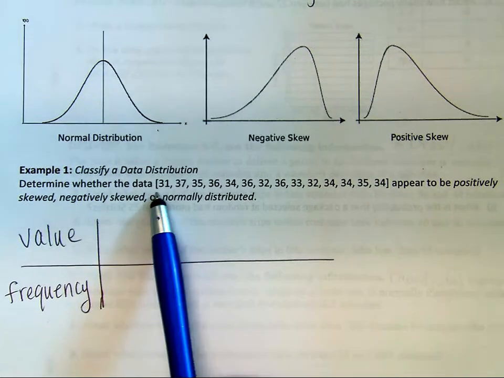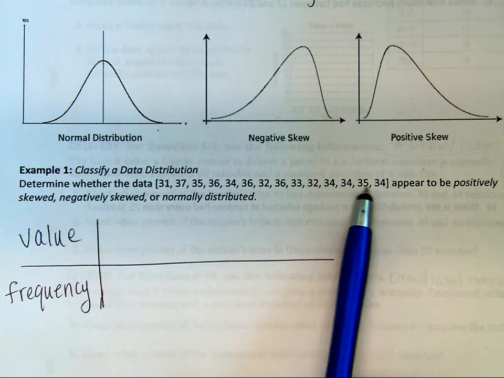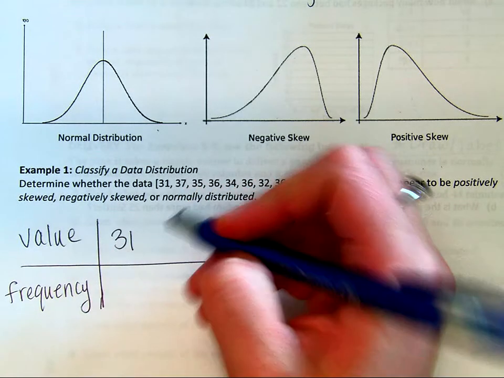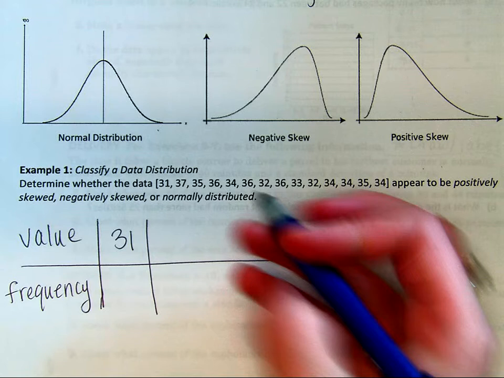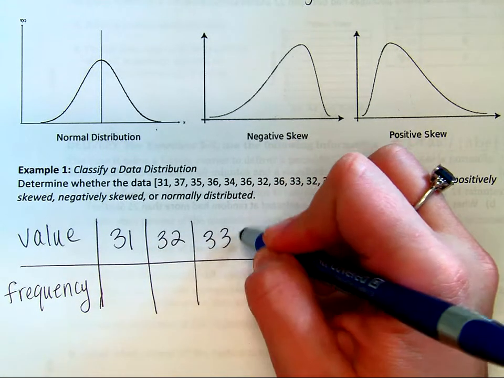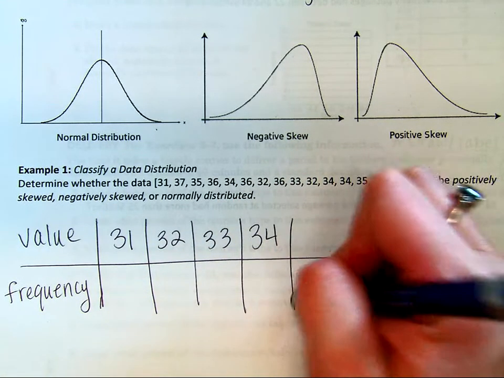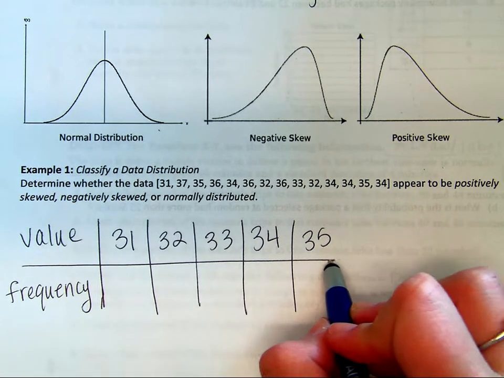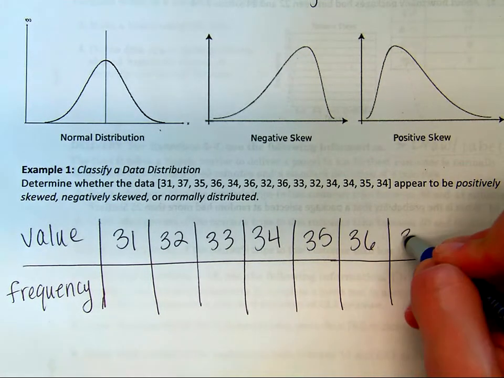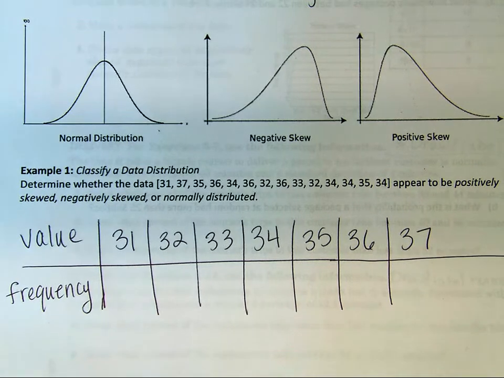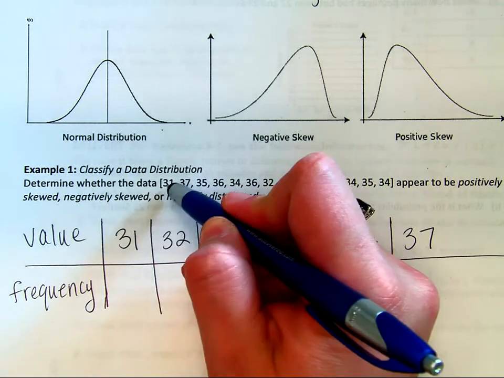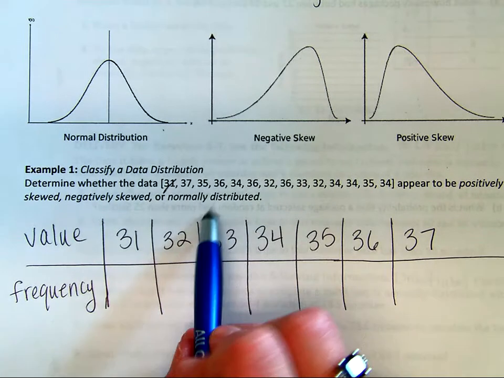Looking at my data points, 31 is the lowest, so I'm going to start with 31, and they go all the way up to 37. So 31, 32. Then I'm going to count how many times I see each value. 31, I see one time. That's it.